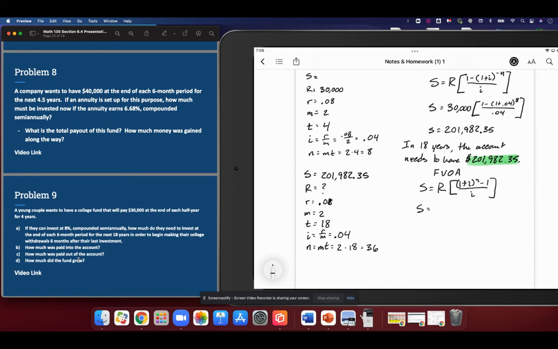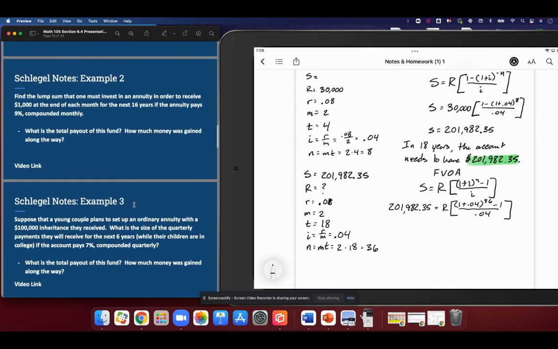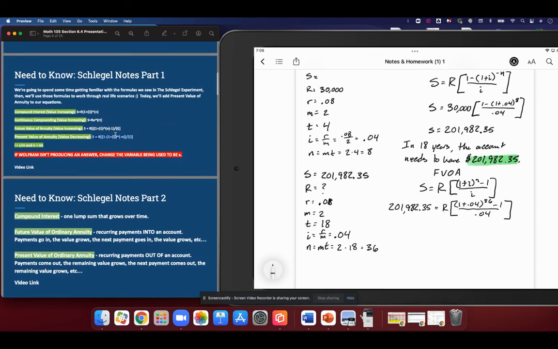So our formula will look like S, we know what the S is. So we're going to have $201,982.35. We want to know what size the payment needs to be to make that happen. So we've got 1 plus 0.04 to the power of 36 minus 1 over 0.04. So I'm going to run back up to the top here and grab my future value of ordinary annuity formula.